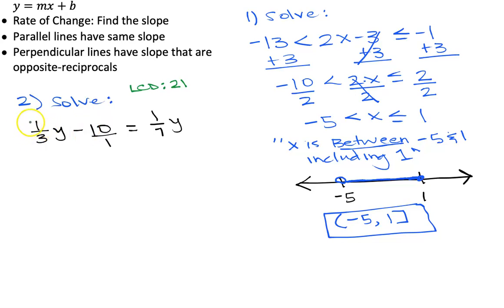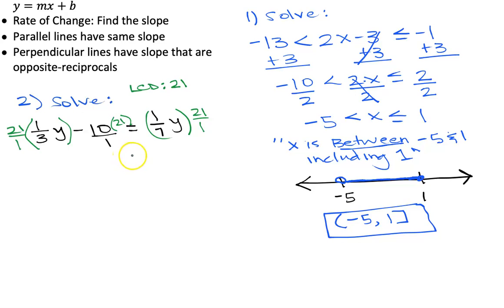And so now what I want to do is multiply each part by 21. So I'm going to put this as 21 over 1, just so it's easier for me to keep track of my fractions here. This one I'll multiply by 21, and this one also by 21 over 1.